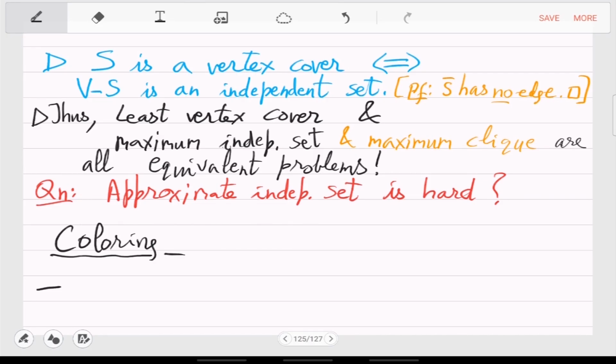scheduling exams in different examination halls so that no two students sit in the same hall if they are friends. Right, so here you can take courses as vertices and draw an edge between two courses if there is a common student.